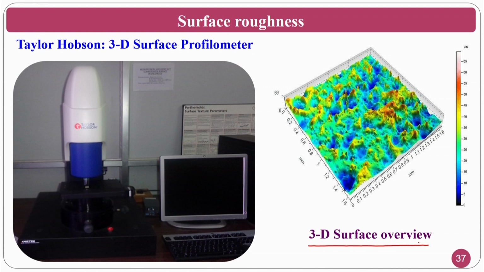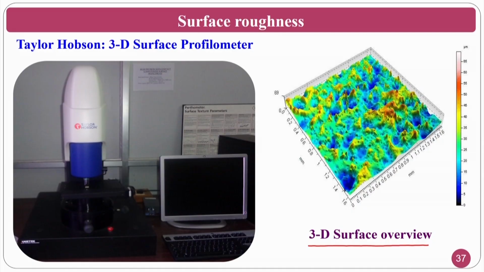What you have seen in the previous one, the Pocket Surf, is going to give you only the digital value, and the second one, the surface profilometer, will give you a line scan. Now you have a Taylor-Hobson 3D surface profilometer which works on interferometry, which will give you a 3D profile. So this is the advancement, going from a digital value to a line, from a line to a plane.